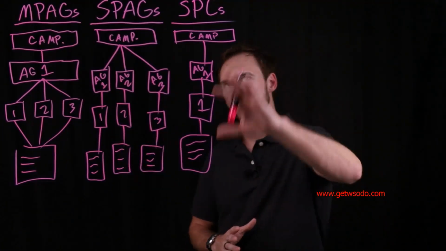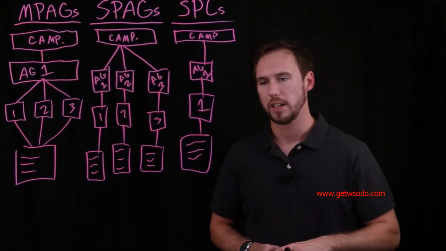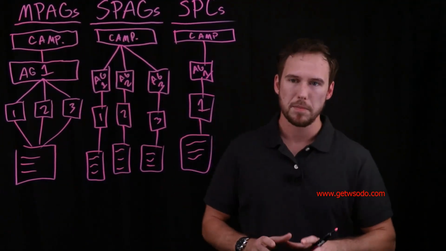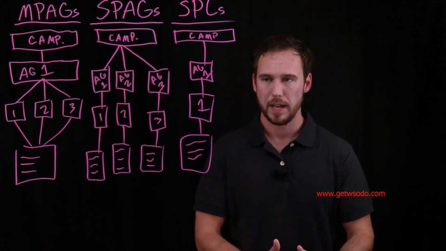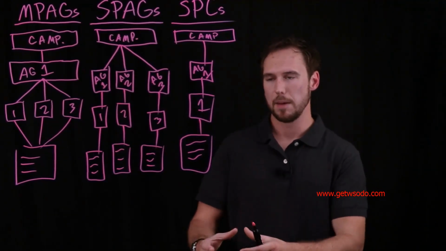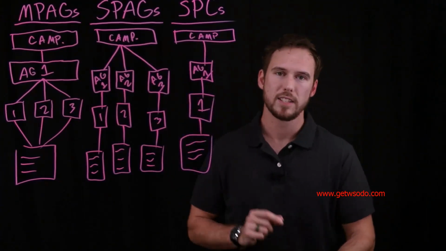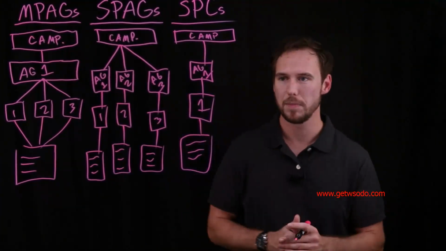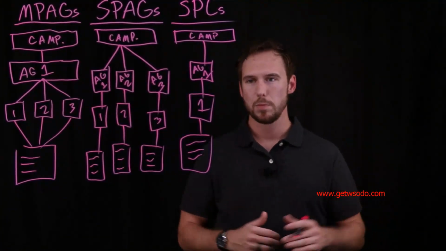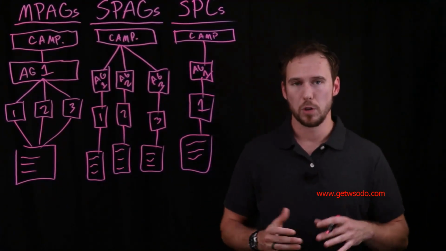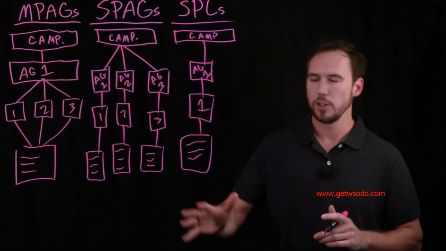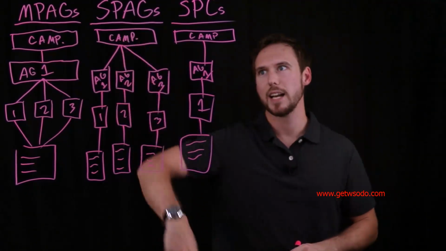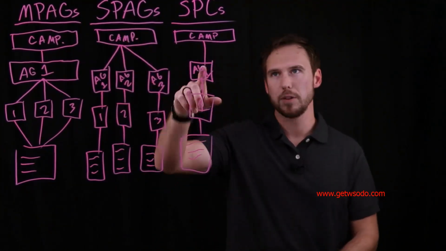So that's one benefit that you get with single product campaigns: you're now able to optimize the placements of that product, where that product converts best in search, at the campaign level, and it only impacts this single product. So that's a benefit. If you're more advanced, that might be super appealing and maybe something that you want to dig into a little bit more and leverage a little bit more. Usually you can squeak out like 99% of the performance with single product ad groups that you can get with single product campaigns.